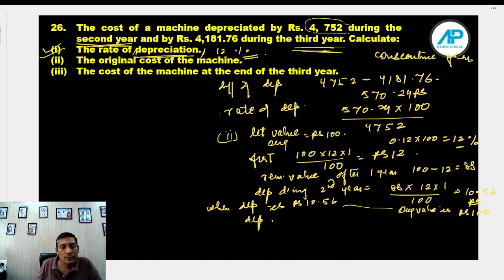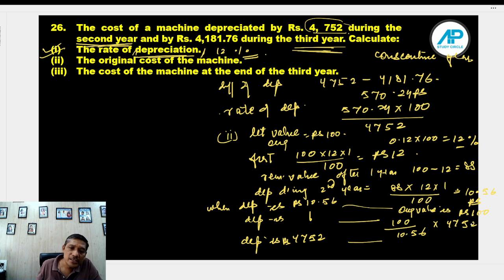When depreciation is 1, value is 100 upon 10.56, and when depreciation is 4752, it is multiplied by 4752. Always remember in such kind of case, don't involve 100 in the calculation.